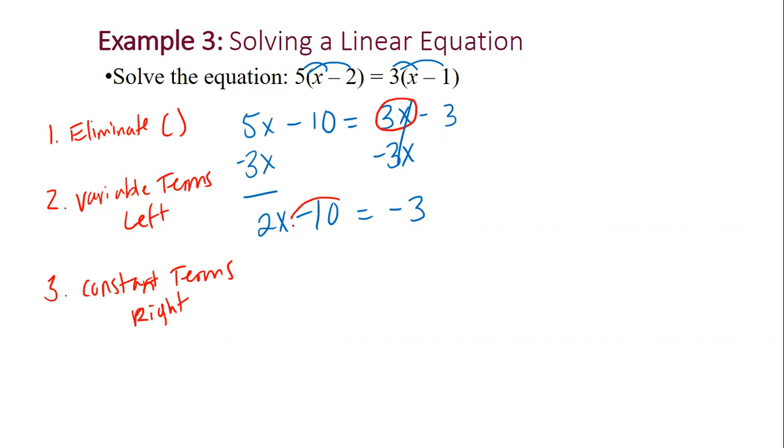So my constant term is -10. Notice how I included the operation with the number. So how do I move a -10? I'm going to add 10. Simplify, and I'm left with 2x equals 7.